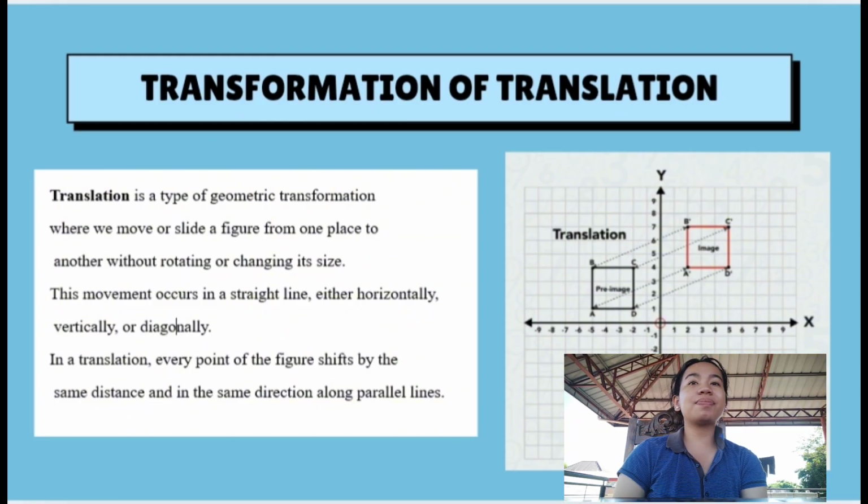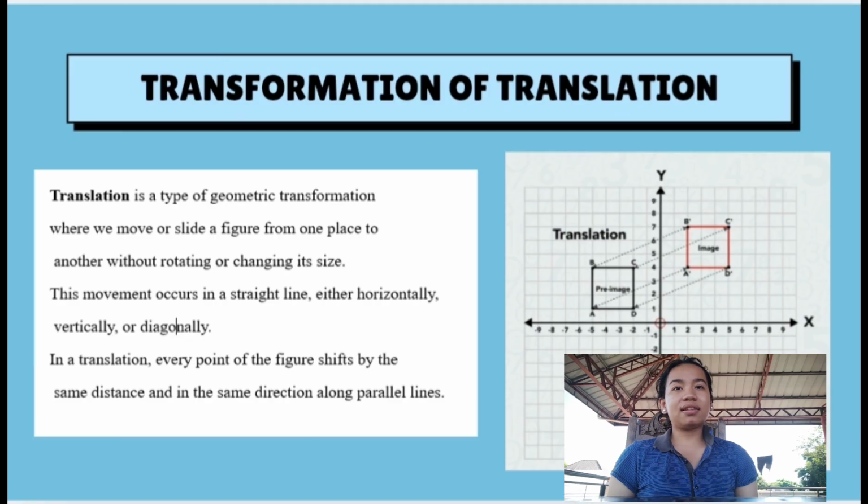It is because of the transformation of translation, where the movement of the image is in a straight line, either horizontally, vertically, or diagonally. That is why it doesn't move below its original image, but instead it moves to the right side of the image, because the transformation happens in a straight line. Again, it could be horizontally, vertically, or diagonally.